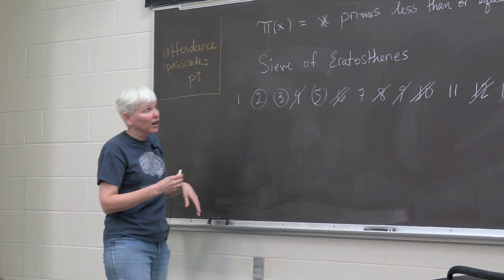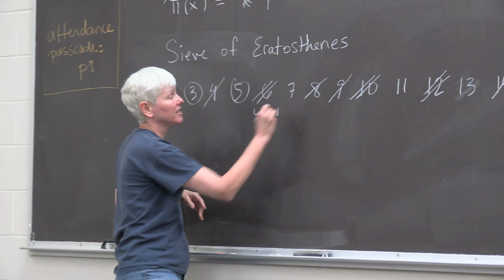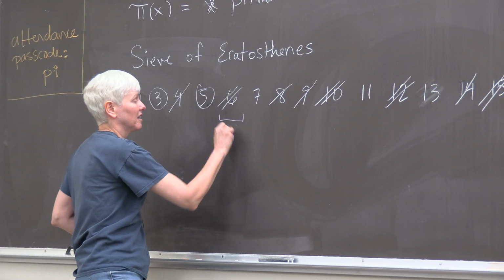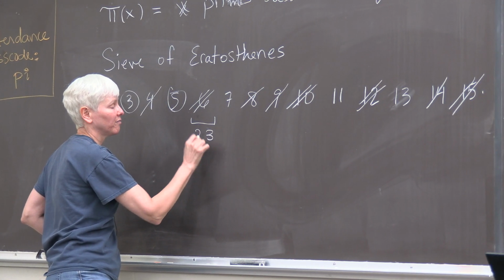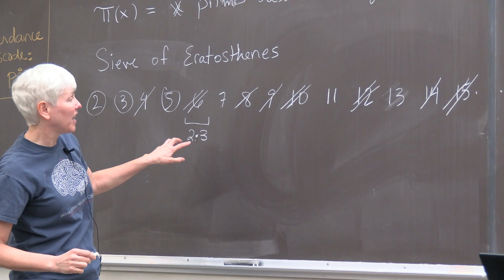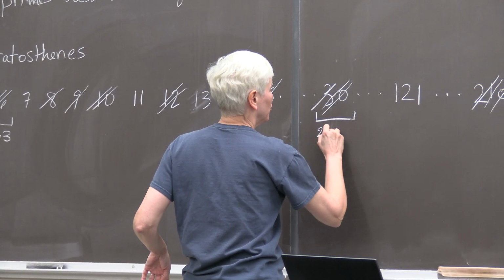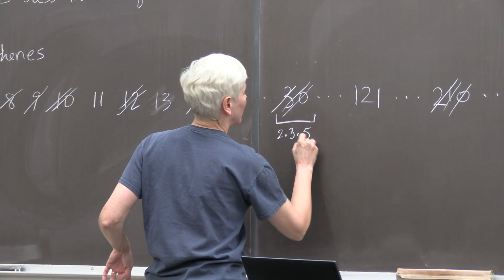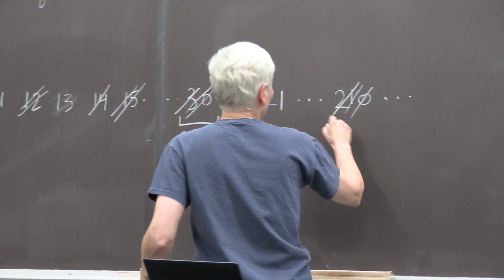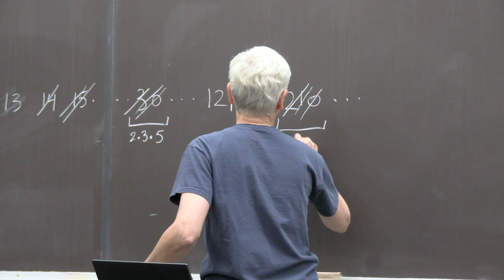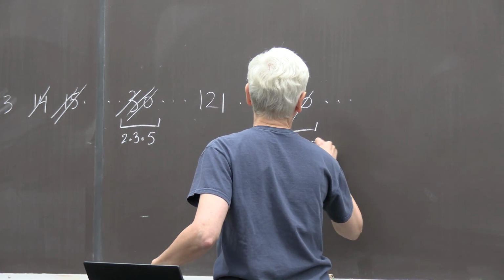Okay, so I became very interested in this composite because it's 2 times 3, and I began to get very interested in this composite, 30, because it's 2 times 3 times 5, right? And I was also really interested in 2 times 3 times 5 times 7.